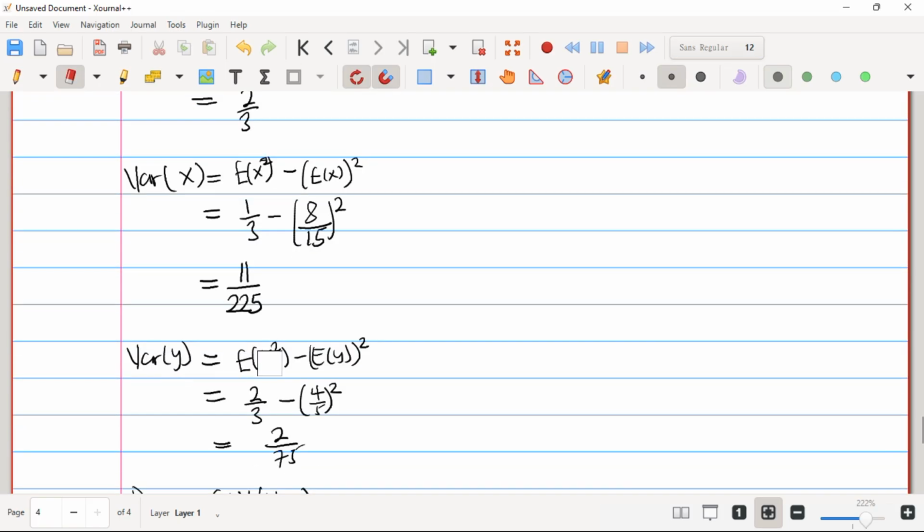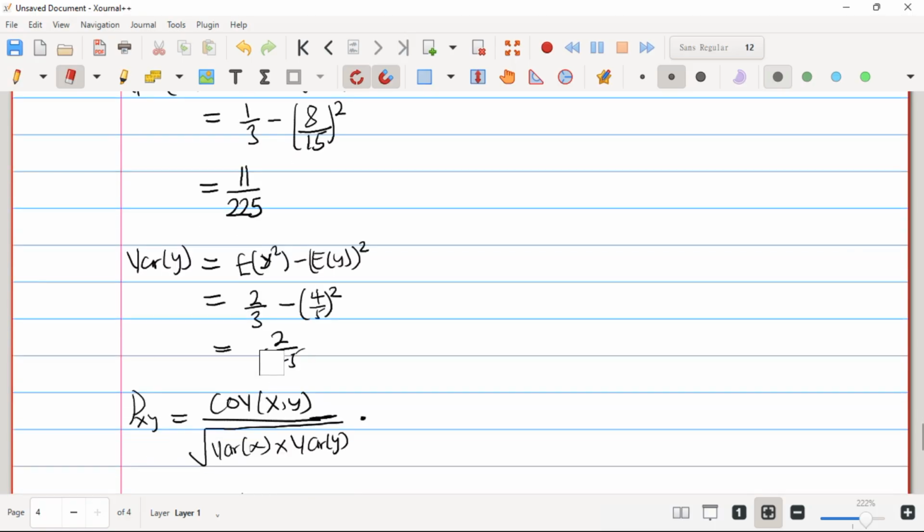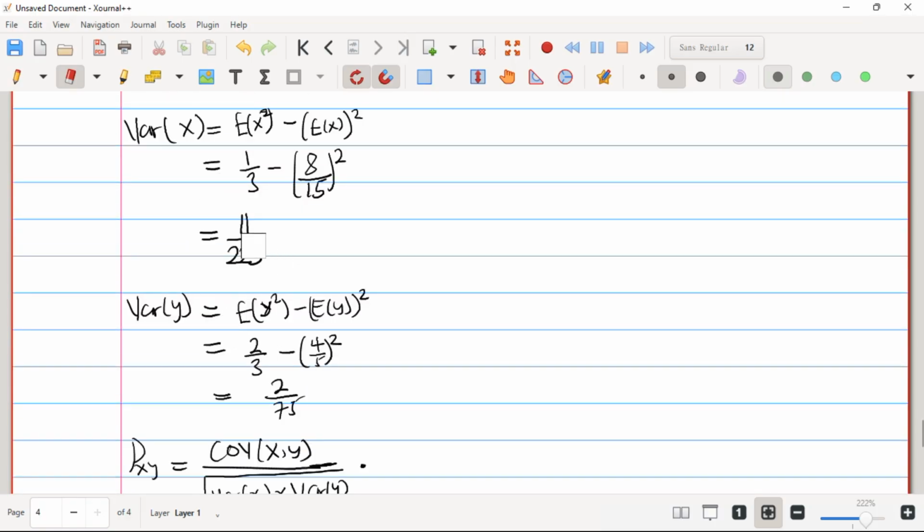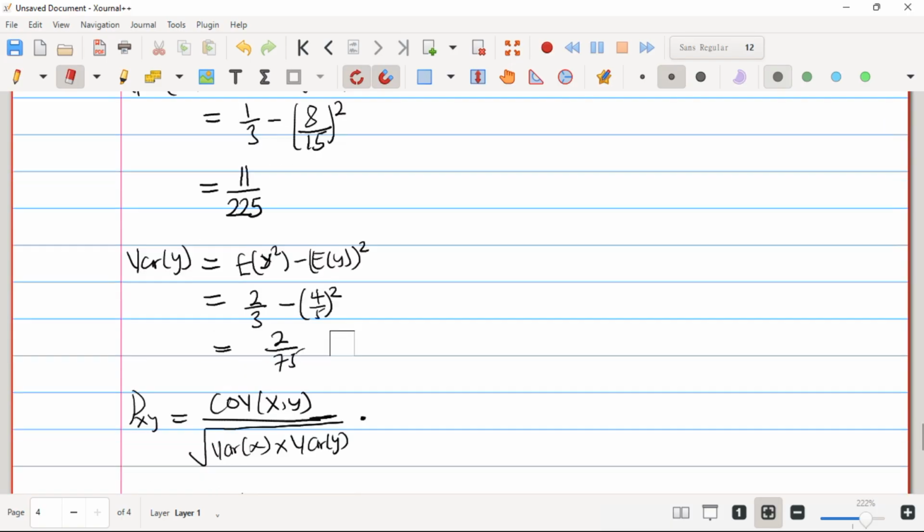And for variance of y too, we are also going to get expectation of y squared minus expectation of y all squared, which is 2 divided by 3 minus 4 divided by 5 all squared, to get 2 divided by 75.